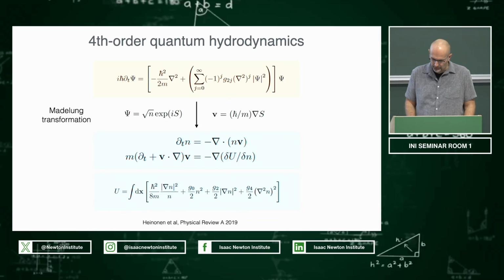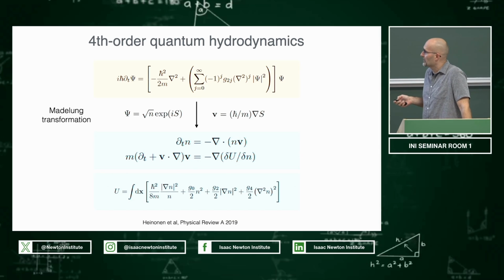You can transform it into more of a hydrodynamic picture by using the standard Madelung transformation. You start from this equation, and you write the complex wave function in terms of an amplitude, the square root of the density, and a phase. The gradient of the phase gives you a velocity field, and then it's straightforward to rewrite this equation equivalently in terms of these two fields.